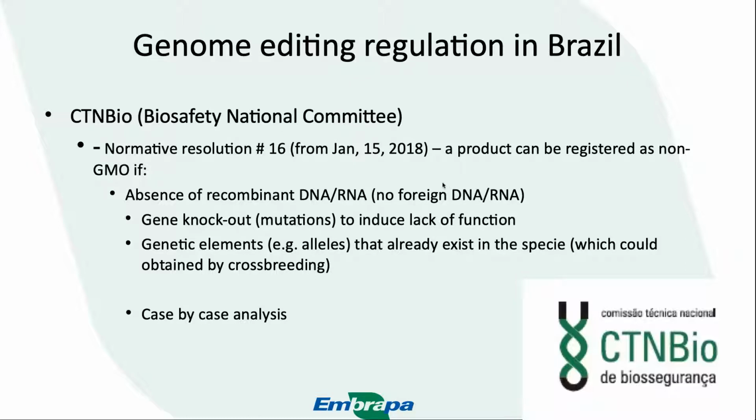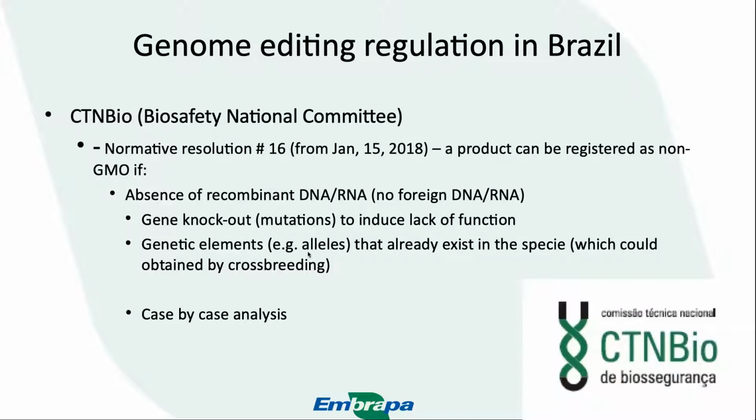So that means that you can knock out a gene to induce a loss of function, like the myostatin gene that already exists in some breeds, but not in other breeds. Even some SNP that exists in some Holstein breeds, we were not able to find in Gir, right? So in that case, those animals will not be considered GMO.